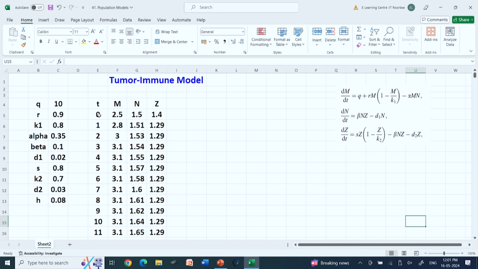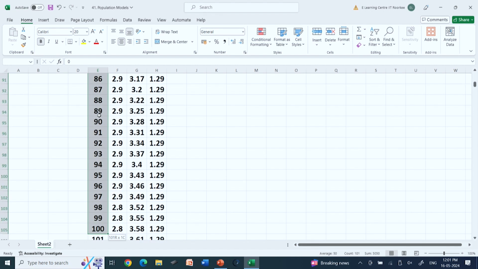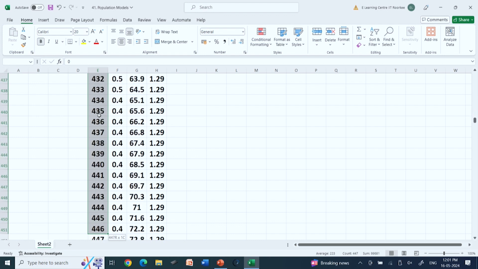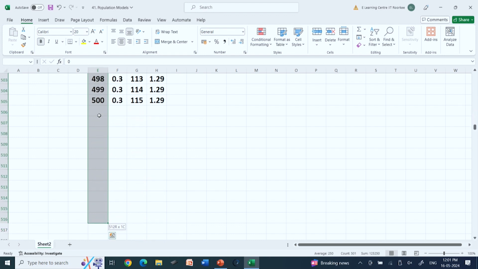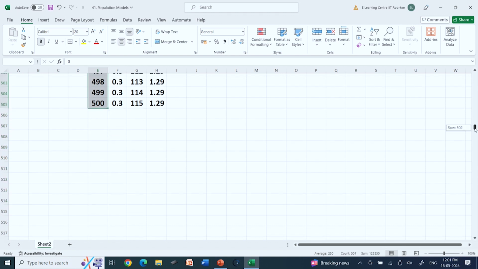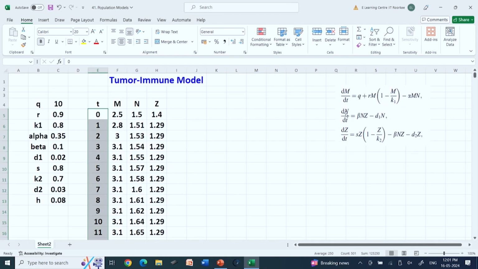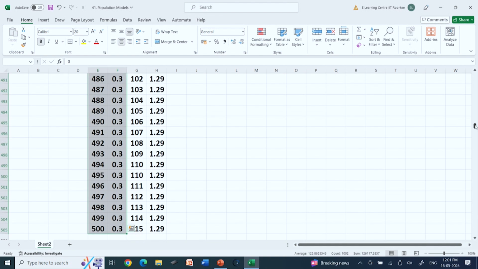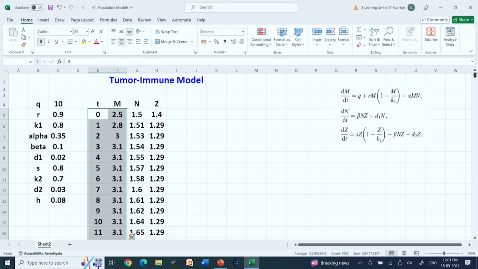So, first we will plot two of the graphs and then the third one, and I will tell you why. So, first we plot the tumor graph and the resting cell.